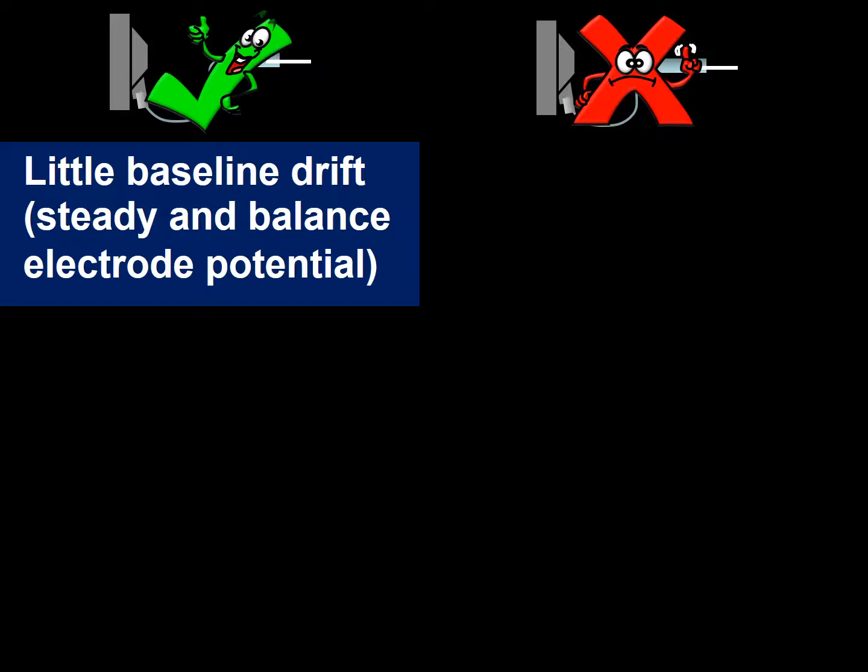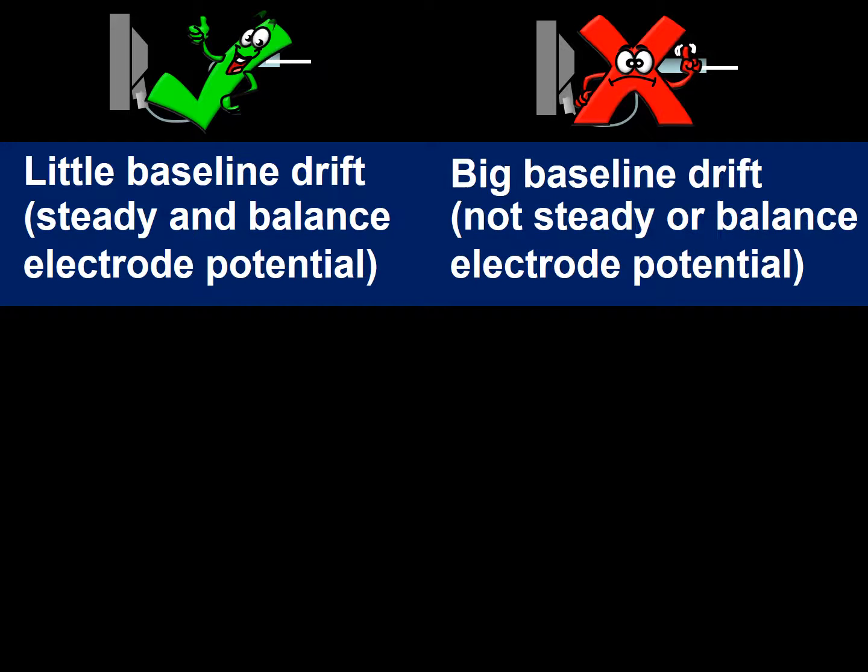Good surface electrodes produce tracing with little baseline drifts because they have a steady electrode potential in each electrode and their electrical potentials are balanced among all electrodes. Bad surface electrodes have big baseline drifts because they have an unstable electrode potential.